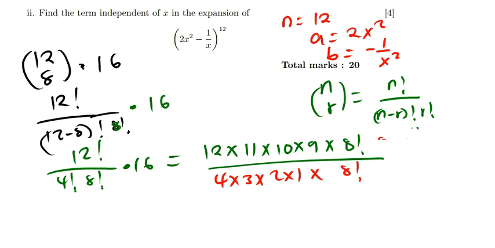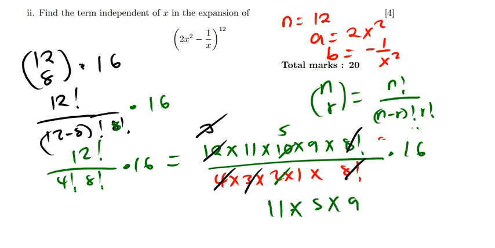So 8 factorial and 8 factorial can go. Then 4 into 12 goes 3 times, 3 and 3 can also go, meaning I've remained with 2 down here. 2 into 10 is 5, so I've remained with 11 times 5 times 9 times 16.